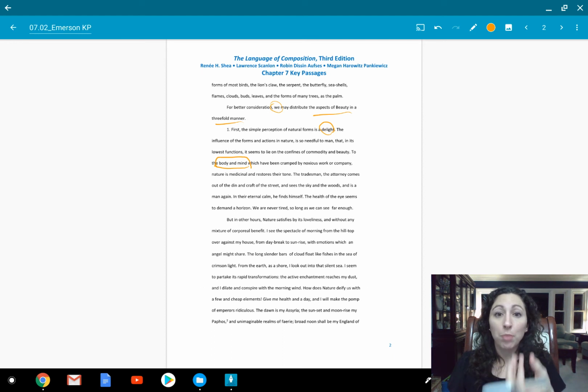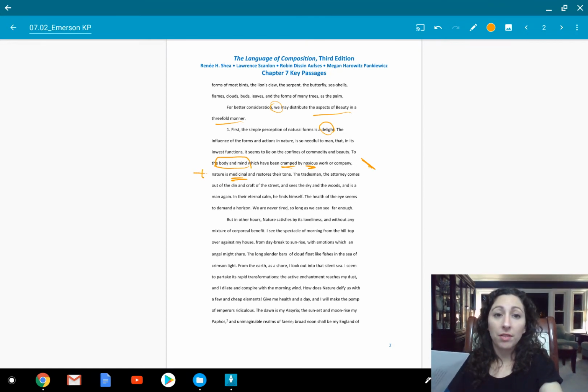Nature affects both, and it's important to both. So it's important to our physical bodies and our minds, which have been cramped by noxious work or company. So, very negative attitude toward this idea of being inside and being confined. Nature is medicinal and restores their tone.